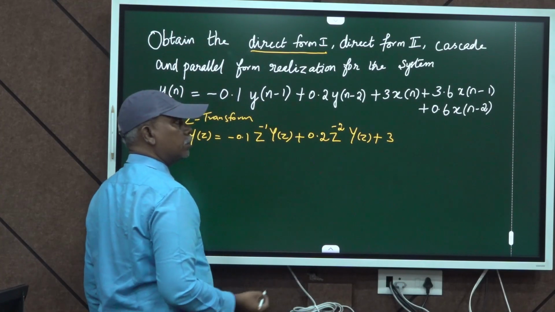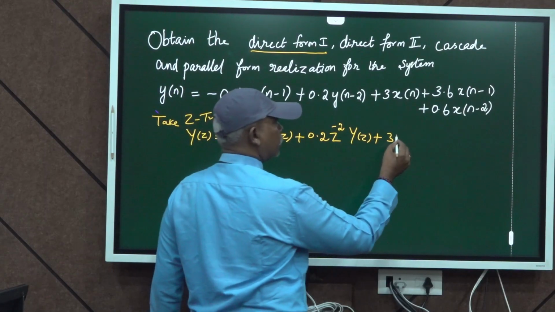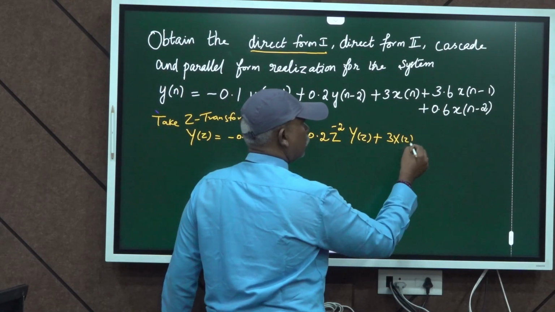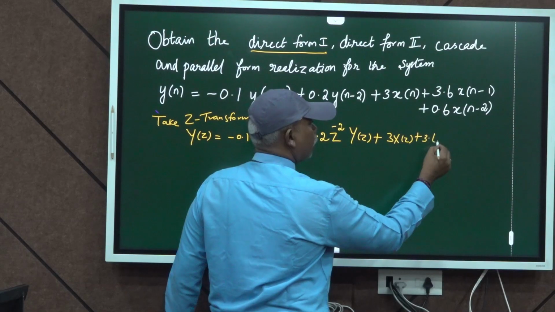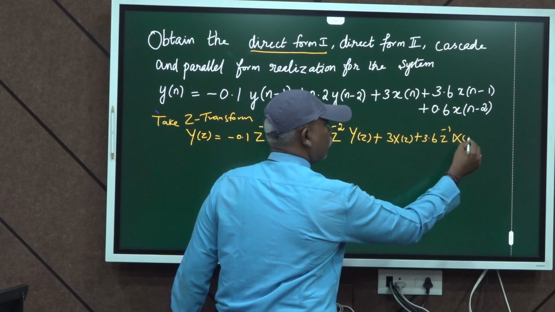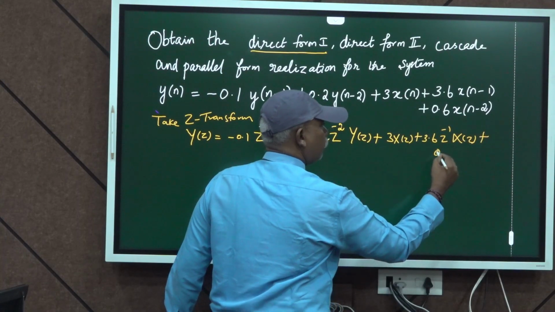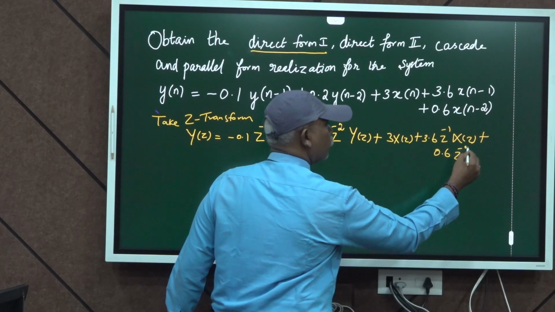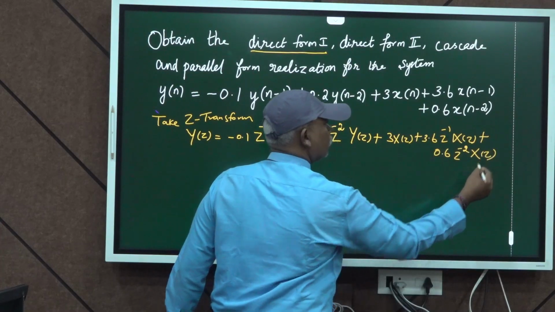X of n has a Z transform of X of Z. Similarly, the Z transform of x of n minus 1 is Z power minus 1 into X of Z, plus 0.6 Z power minus 2 into X of Z. Right?